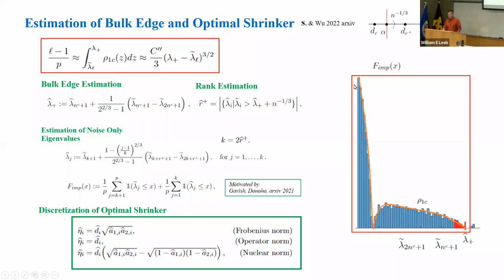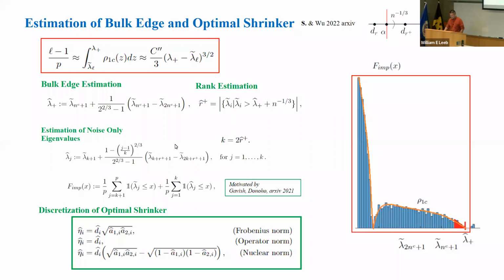With this distribution, we can then estimate the optimal shrinker using this distribution for discretization. For example, in Frobenius norm we have d_i, and for operator norm we have hat d_i, also in nuclear norm.